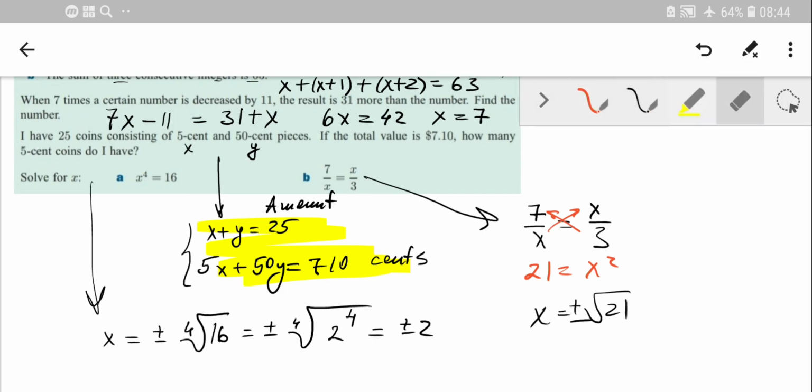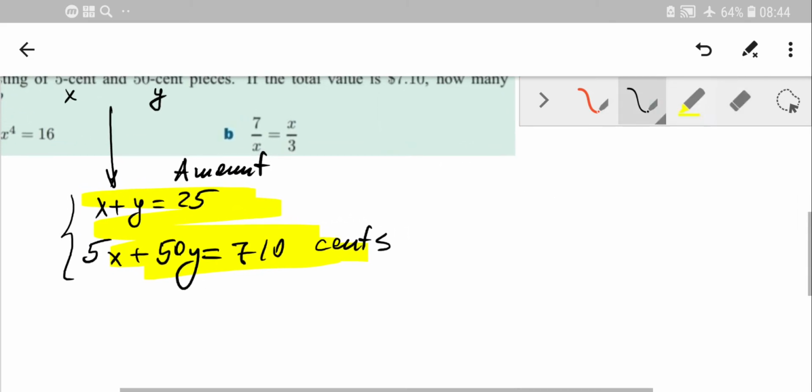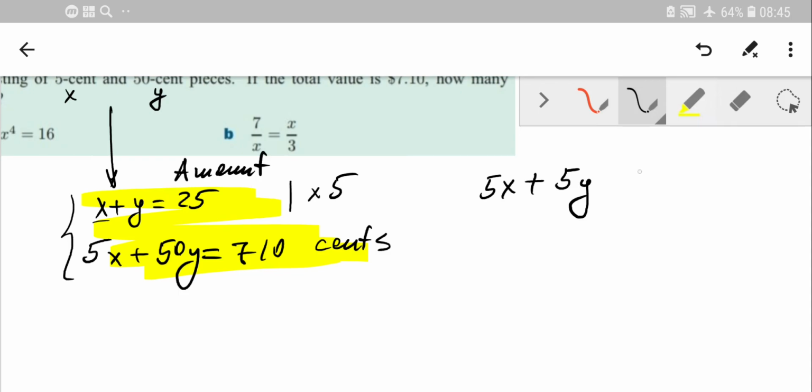Okay, so I erase the bottom part, since space is very critical, and we'll do the following. How to solve? Just use the elimination method, but in this case I multiply by 5 in order to align the coefficient before x, so I'll get 5x plus 5y equals 125.